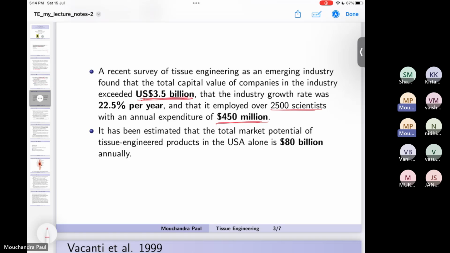That's why more and more scientists and students are getting involved in this area. It has been estimated that the total market potential of tissue engineering products in the US alone is 80 billion US dollars. Now the numbers will obviously be much more. But think about that time, this field had this much potential. So now it has much more.